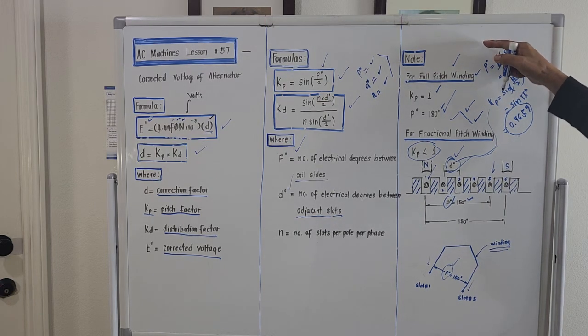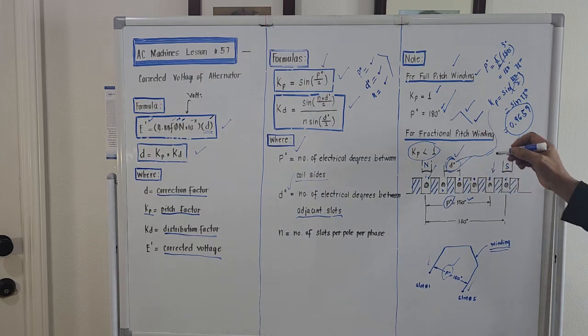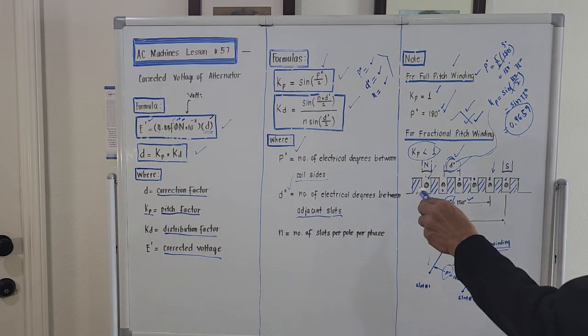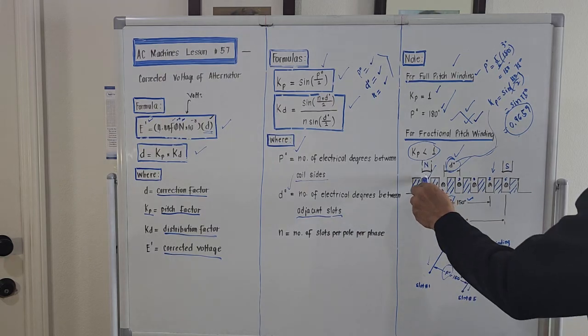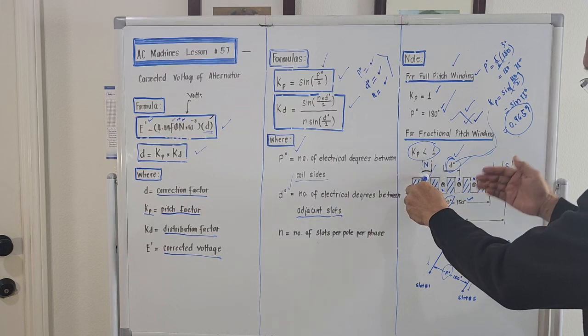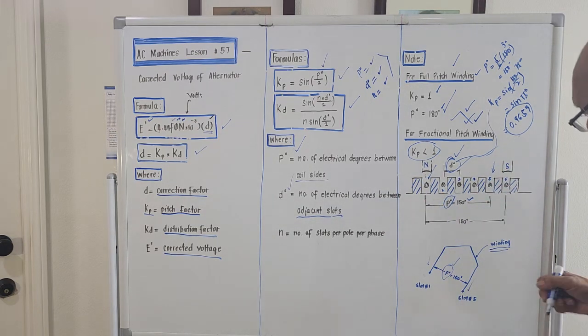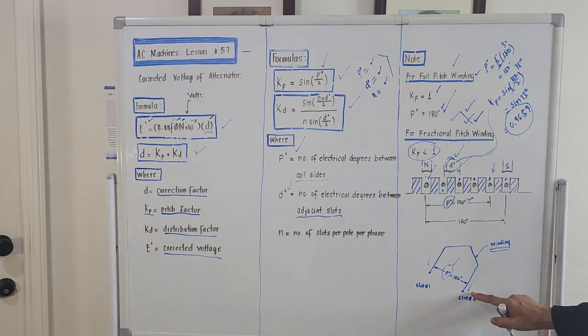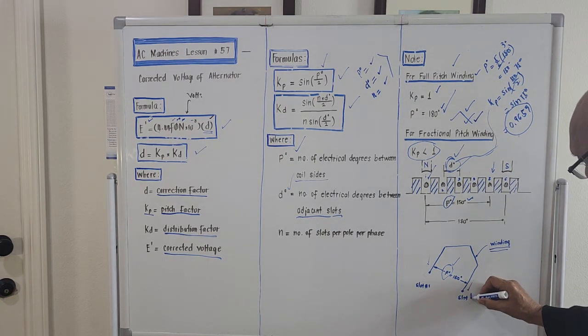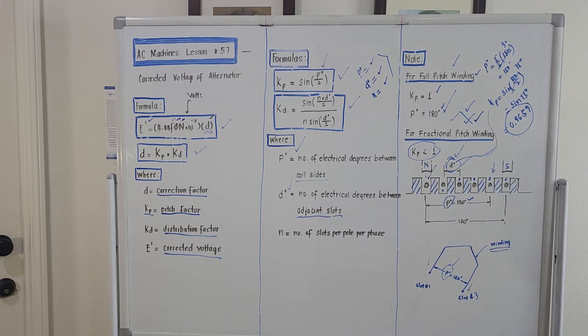They always use the so-called fractional pitch winding, in which the entrance of the winding put in the slots is very near the one where it will come out. For example, it might enter at slot number 1 and come out at slot number 3. And this is termed fractional pitch winding.